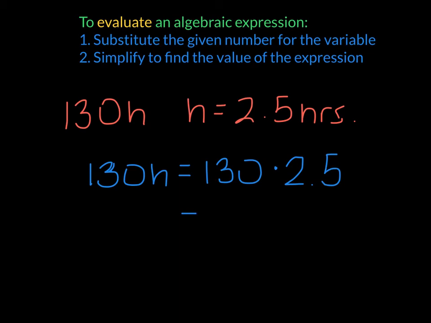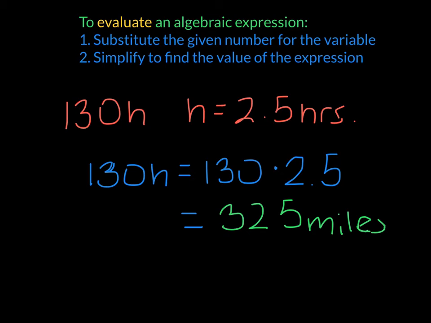And then when I multiply that out, I get 325. So our answer would be the train travels 325 miles in 2.5 hours at 130 miles per hour.